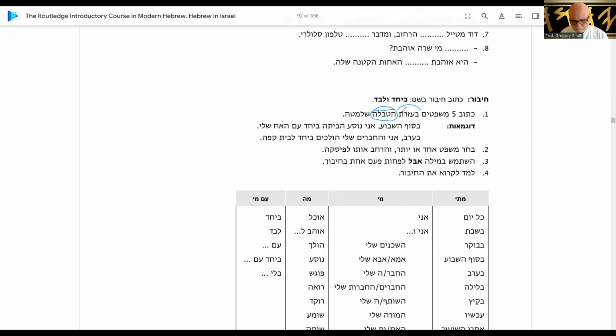Okay, below. כתוב 5 משפטים בעזרת הטבלה שלמטה. So basically, write 5 sentences using the table below. Okay, so here we go. Dugma'ot. These are examples.